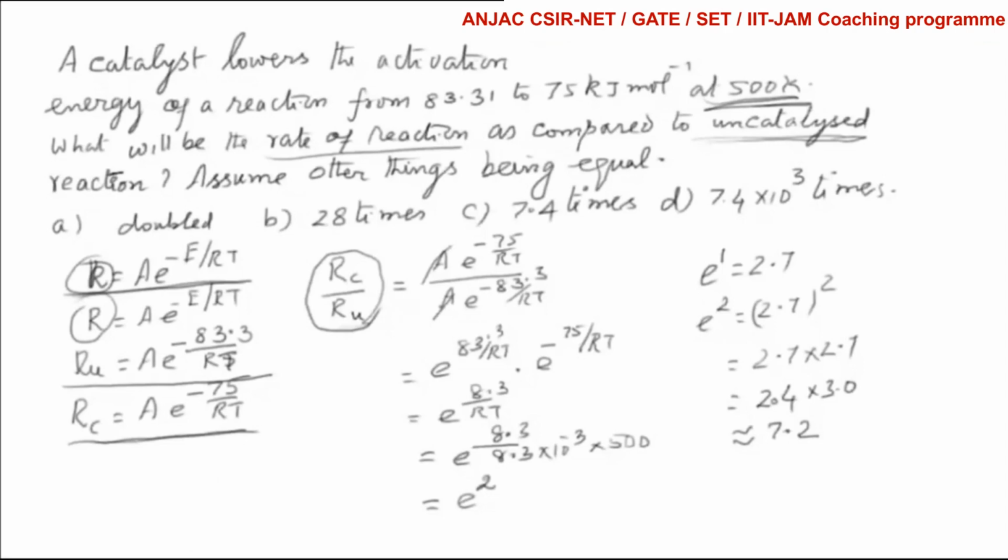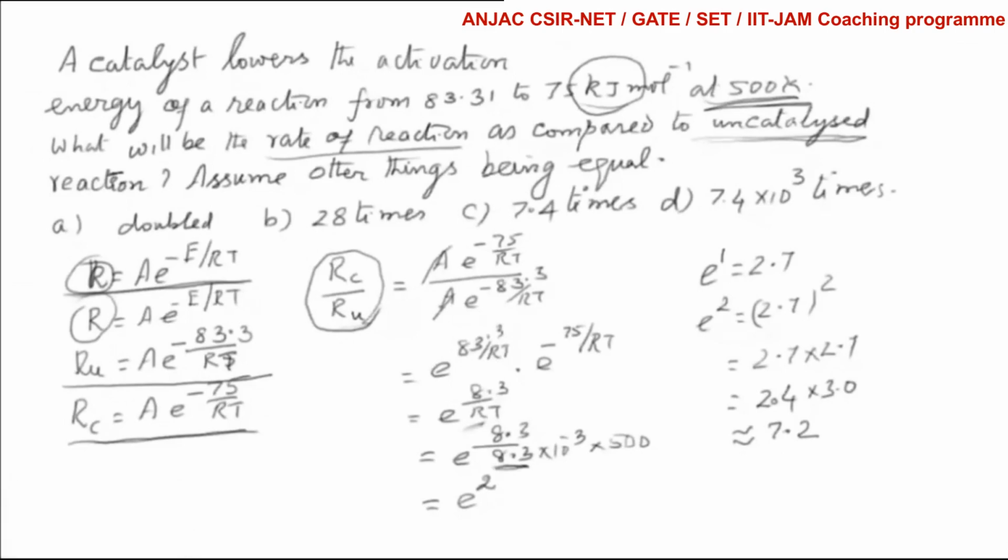If you take 83.3 minus 75, because the RT in the denominator is the same, you will get 8.3 by RT, and here the 8.3 is given in kilojoule per mole. Therefore, R should be in kilojoule. Here we have written it in joule. Convert it into kilojoule.